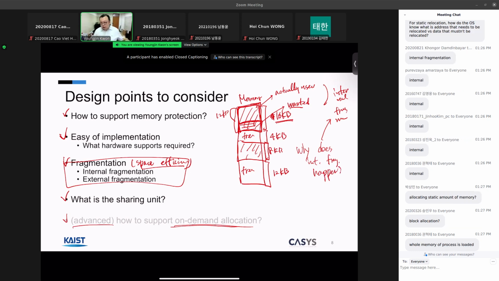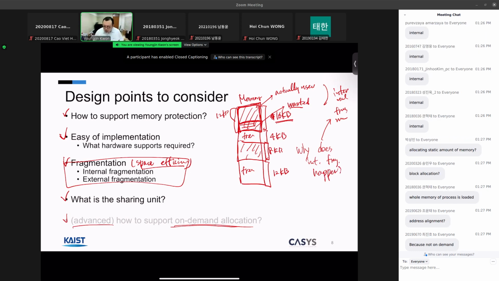It has to do with allocation size. If the allocation size is big, for example, 16 is the minimum allocation size, and the application only uses 12 kilobytes, then 4 kilobytes is wasted.